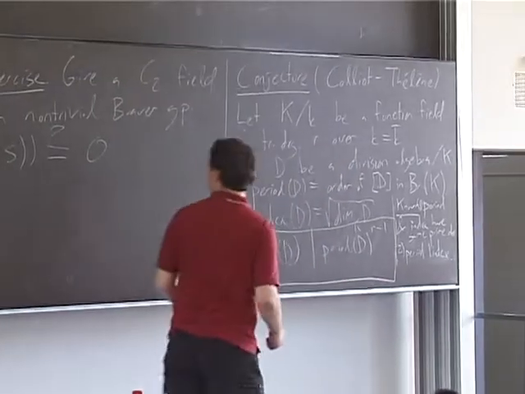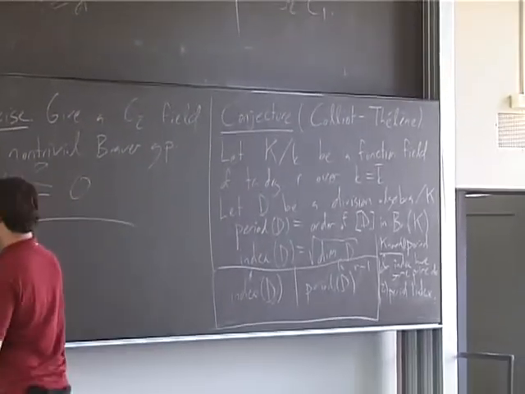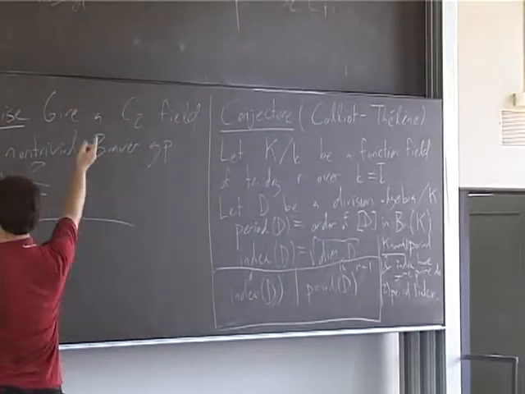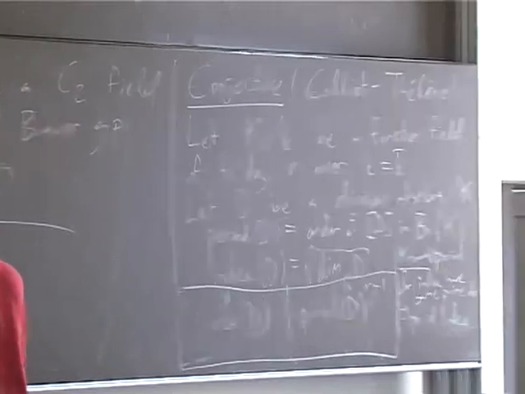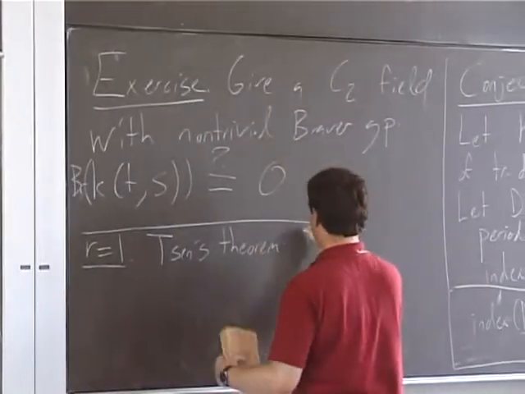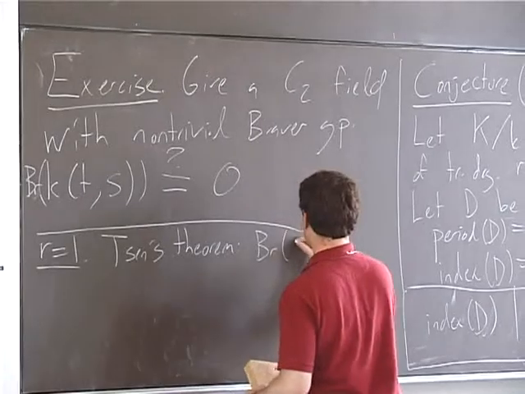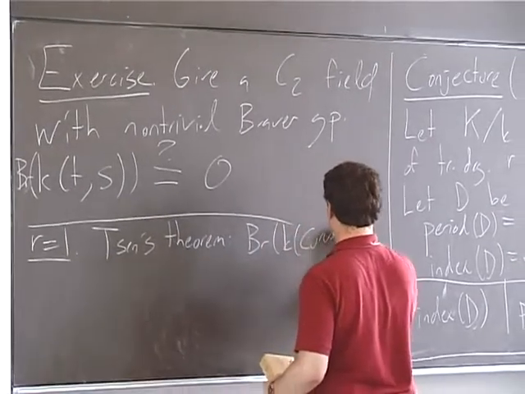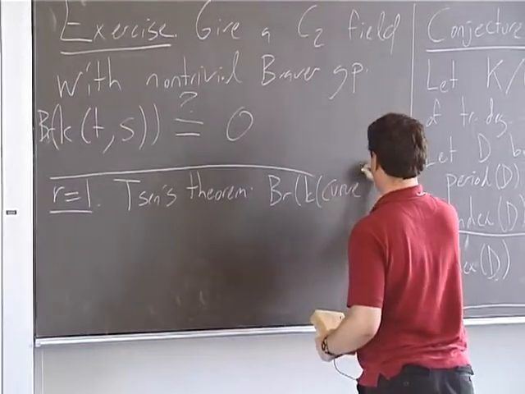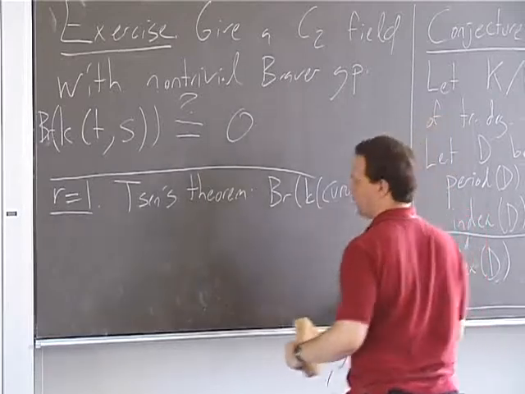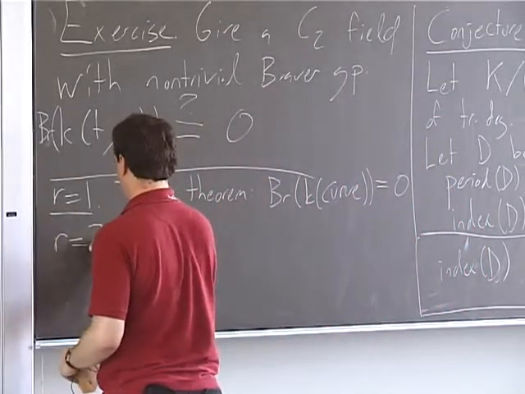So r equals 1, this is that theorem we just proved, which is often called Tsen's theorem. I mean, even though it's a consequence of Tsen's theorem, this says that the Brauer group of a function field of a curve is trivial. But then r equals 2, this is a theorem of Johan de Jong.